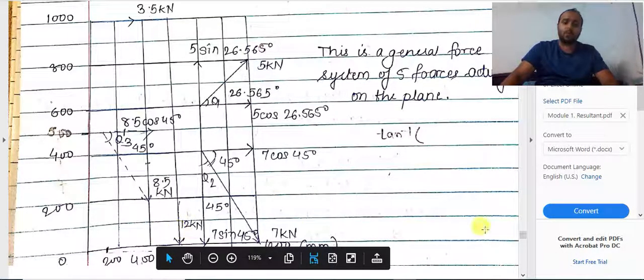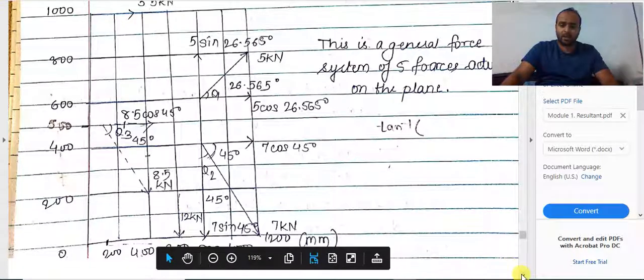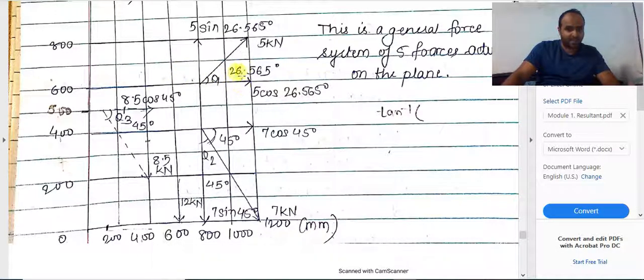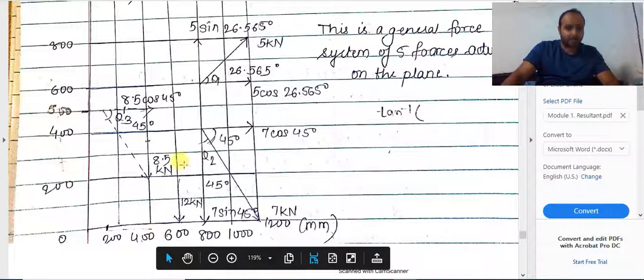That is why it will be plus 12 into 600. This is the perpendicular distance. Going ahead, same way, plus 7 cos 45 into 400, plus 7 sin 45 into 800. Now plus 5 cos 26.565 into 600.